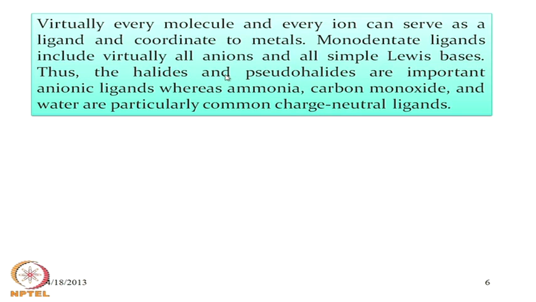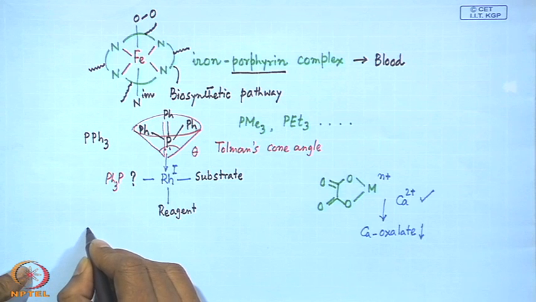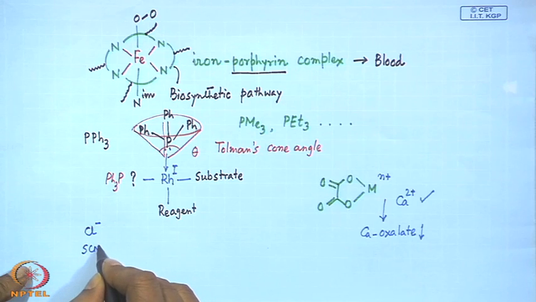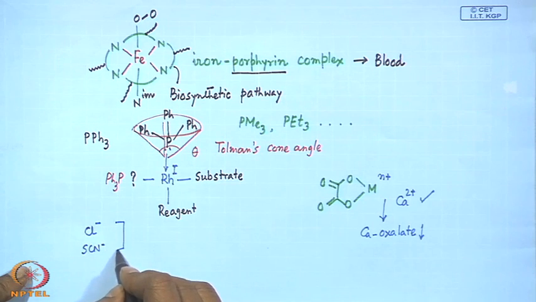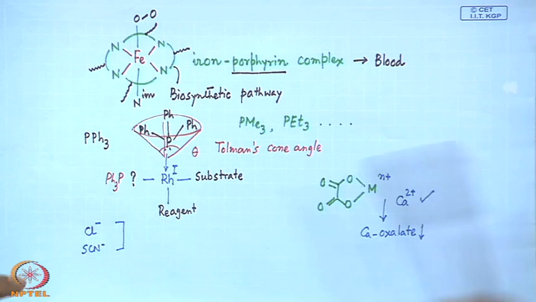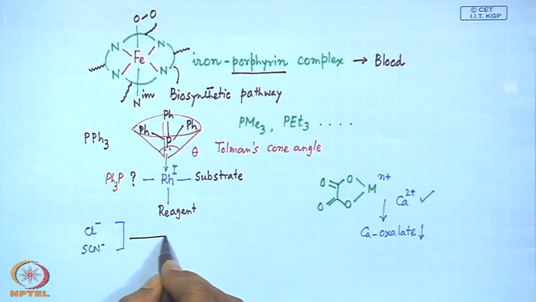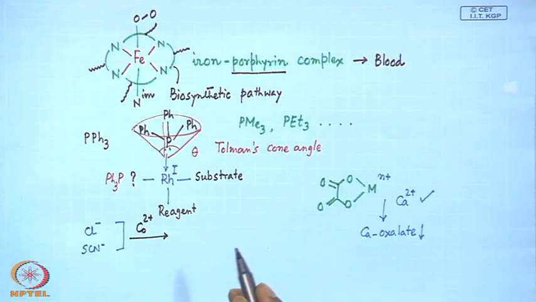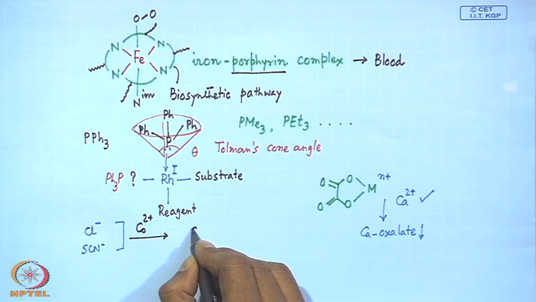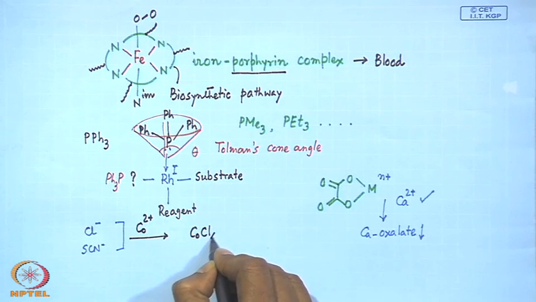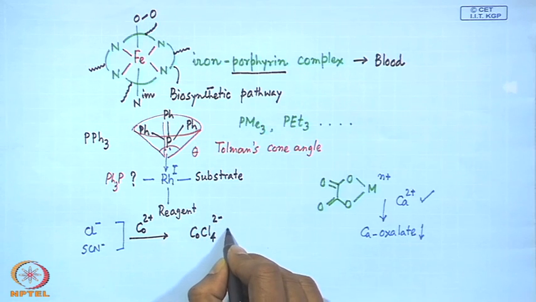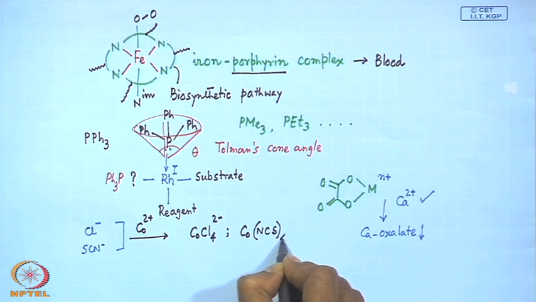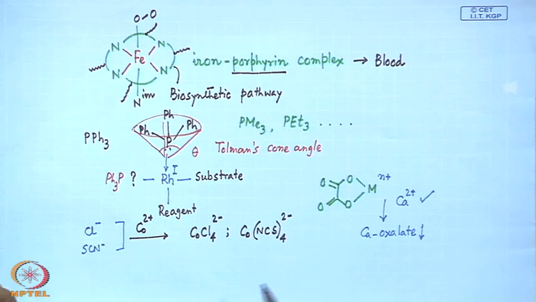So, when we have the halides and pseudohalides, such as Cl minus or SCN minus, and we try to find how they bind to cobalt 2 plus, these two will form only tetrahedral species, not octahedral.